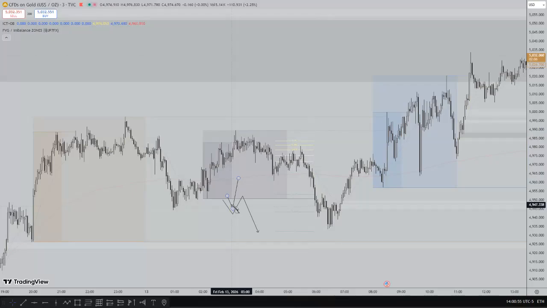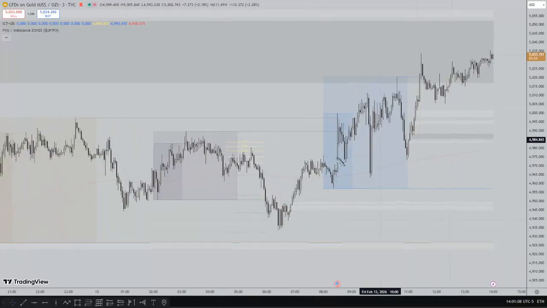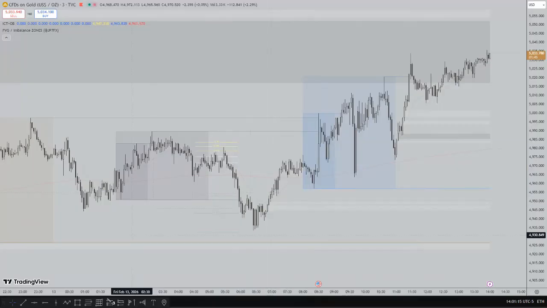This was the scenario that ended up playing out, just vice versa. So get rid of these, and now obviously we know that we want to trade mainly during New York because that's when we have the most volume and the better type of trades. So here, as we continue to sweep this low, right?